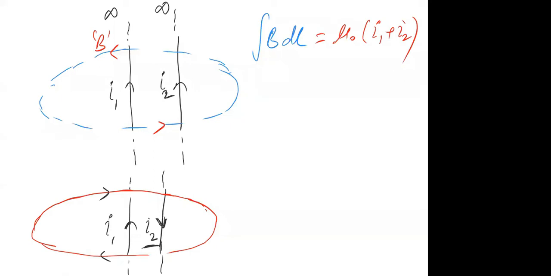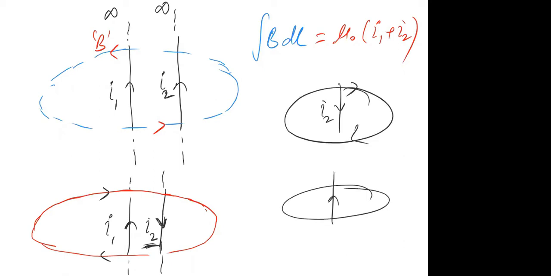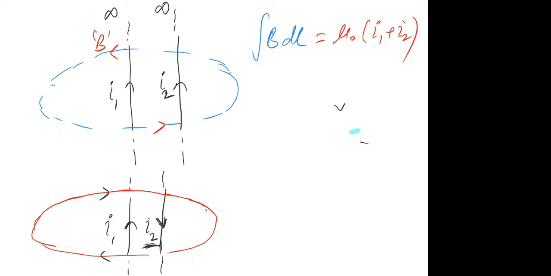Means you are assuming I2 to be dominant over I1, because the direction of magnetic field due to this current carrying wire I2 would be clockwise, and due to the other wire would be anti-clockwise, but you are taking the net magnetic field to be clockwise. This means you are considering the magnetic field of I2 to be dominant over I1. This means that when you write this B dl, you will write this as μ₀ times I2 minus I1.